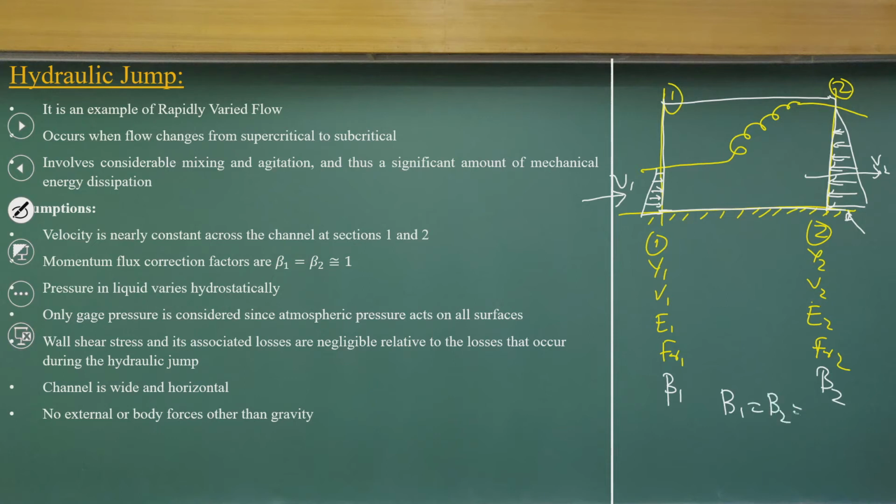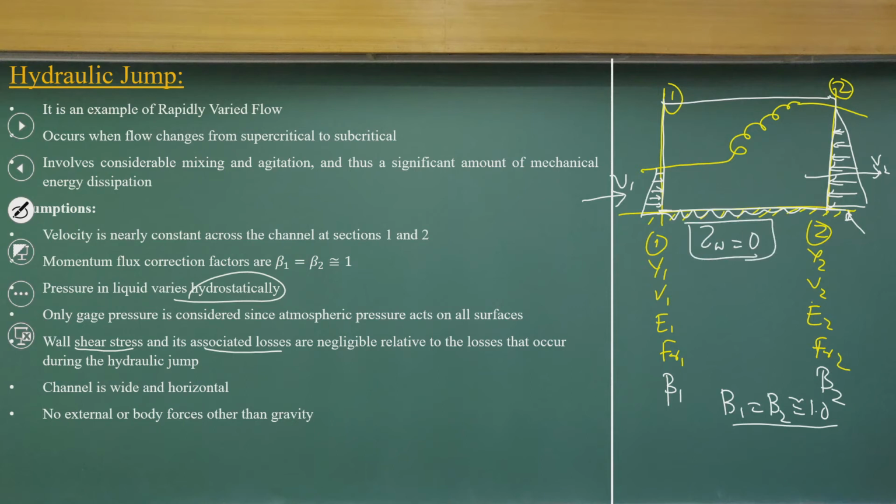These approximations are correct for a turbulent flow, where beta 1 and beta 2 will be close to 1. Pressure varies hydrostatically, that is what I sketched. And for the wall shear stress and associated losses, the wall shear stress at this wall is equal to 0.